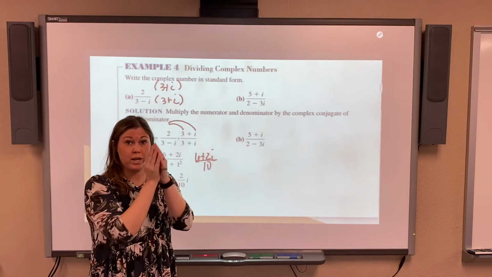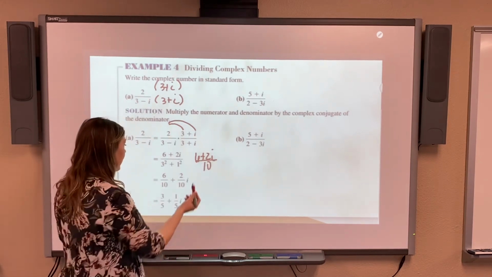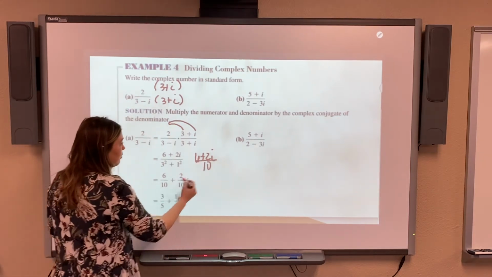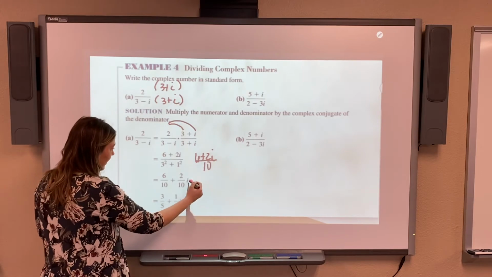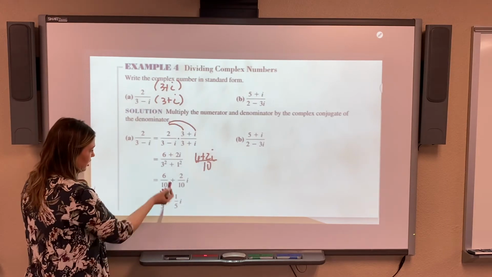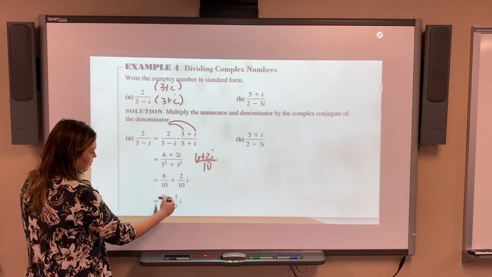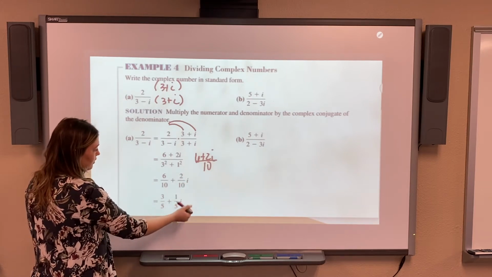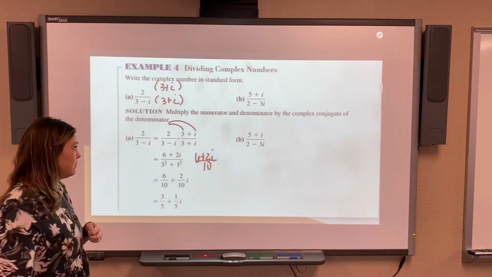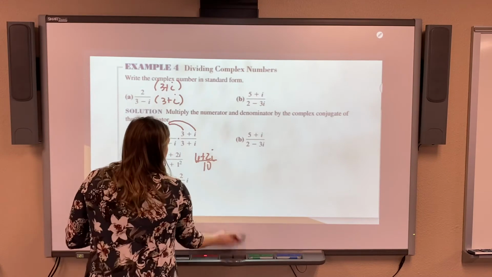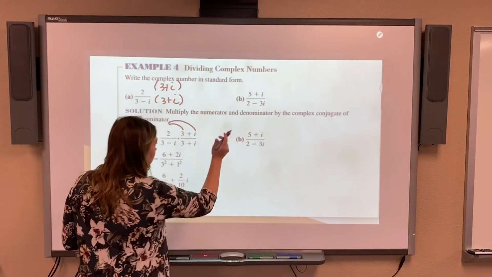So we need to break up those two fractions. And so we're going to take 6 divided by 10 plus 2 over 10i, and then we can simplify those fractions. Okay, so 6 over 10 simplifies to be 3 over 5, and then 2 over 10 simplifies to be 1 over 5.